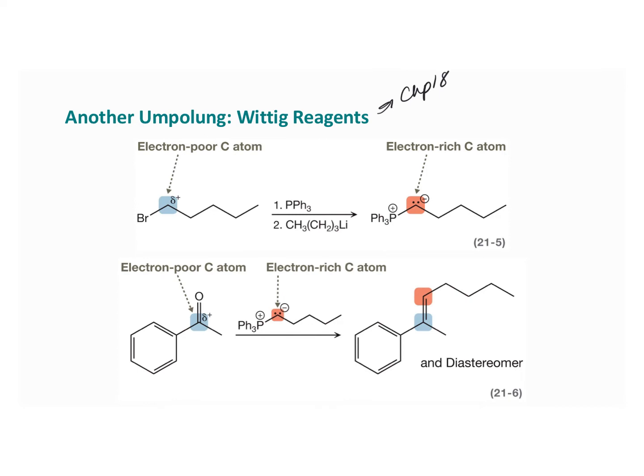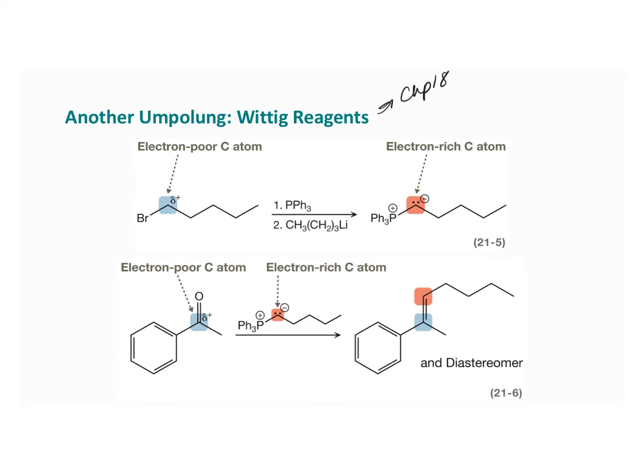And we use the triphenylphosphine complex here and a lithium complex. And what we see is that now there's an electron-rich carbon atom, because again, notice there's a positive charge here. And so this electron-rich carbon atom can react with this partially positive carbonyl group, and it can form the bond here, right?